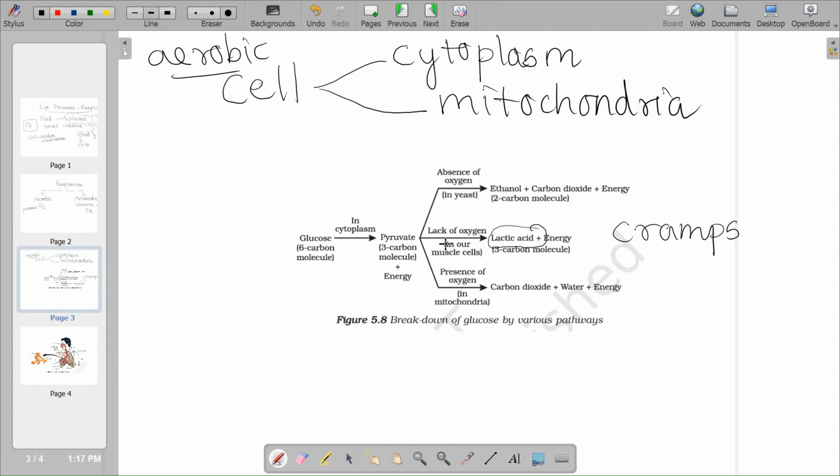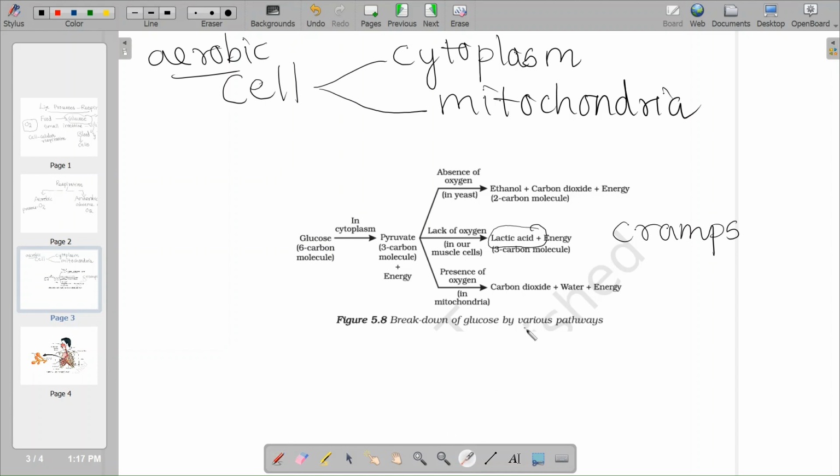Now, other organisms like bacteria or yeast undergo another type of anaerobic respiration. For them, glucose is converted into pyruvate, and pyruvate, in the absence of oxygen, is converted into ethanol, carbon dioxide, and energy.